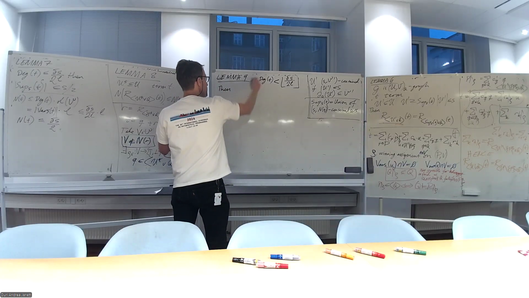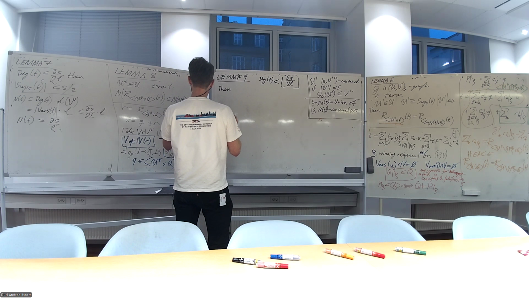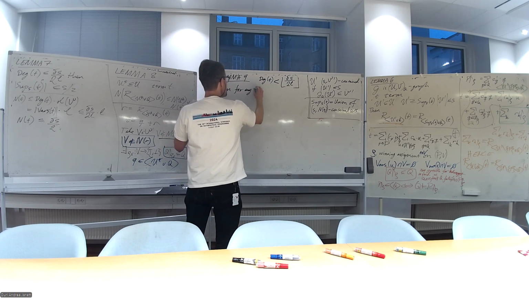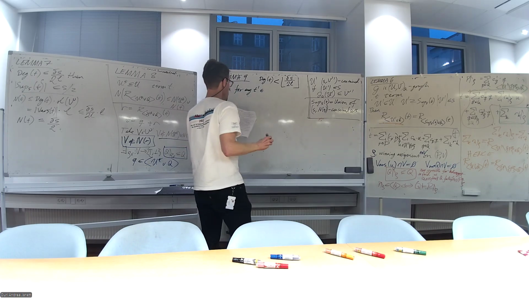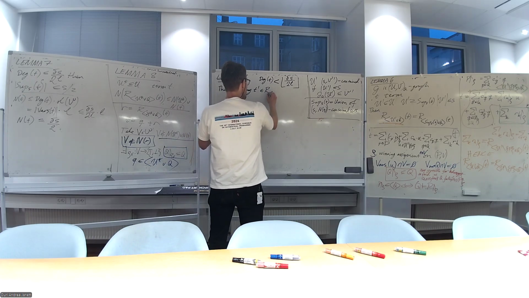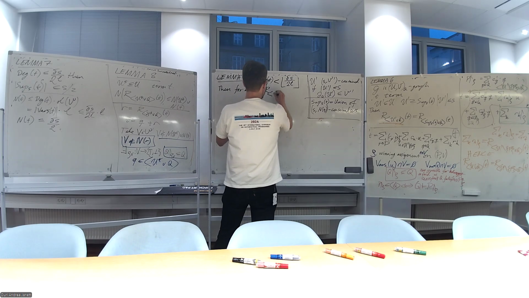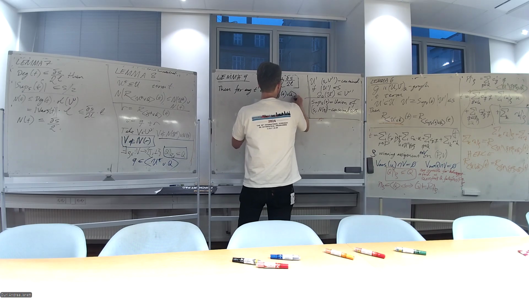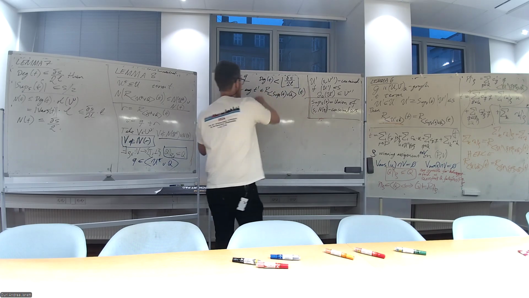Then, for such a t, I claim that for any t prime that is in the reduction modulo the support of t union q of t, right?